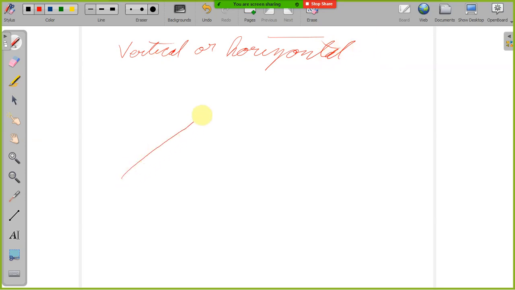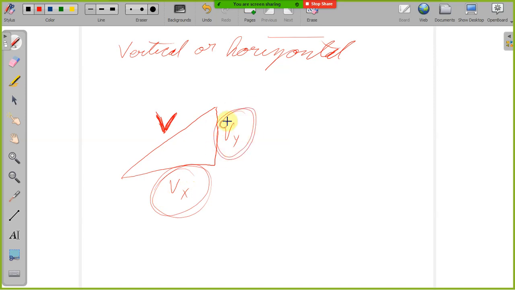Well, if we're talking about this, we're going to call this a right triangle. This is my overall velocity, my velocity total. Then this is my Vy, and this would be my Vx, correct? So this is your horizontal component of velocity, and this would be your vertical component of velocity.